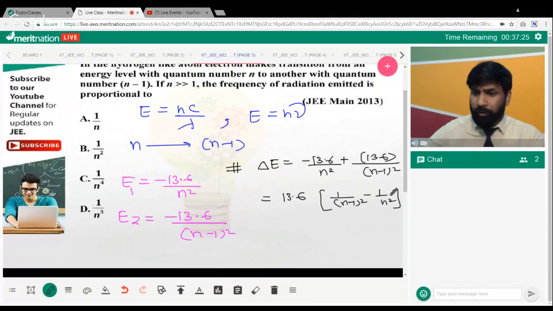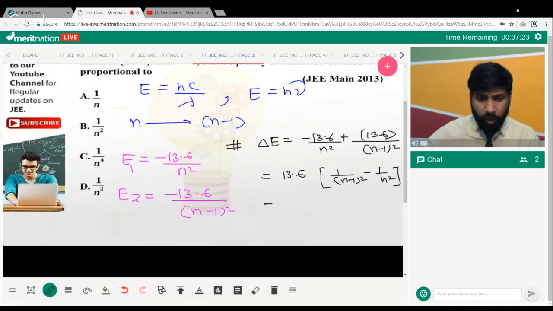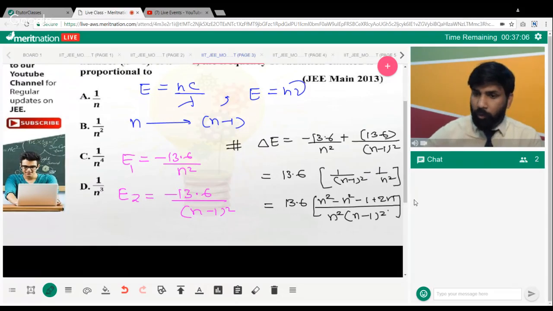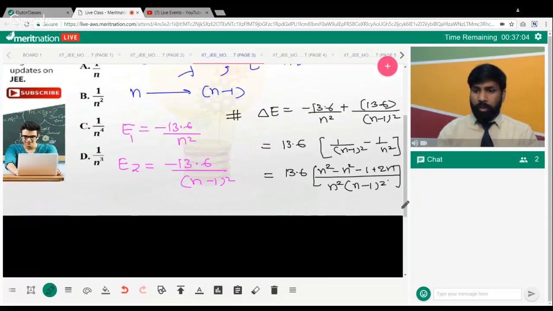We can further simplify this: 13.6 times n square minus n square plus 2n minus 1, upon n square into n minus 1 whole square. This is what we get after doing the calculation.